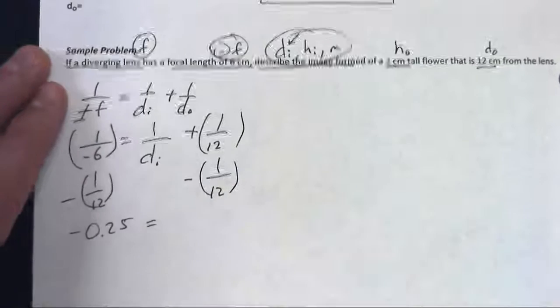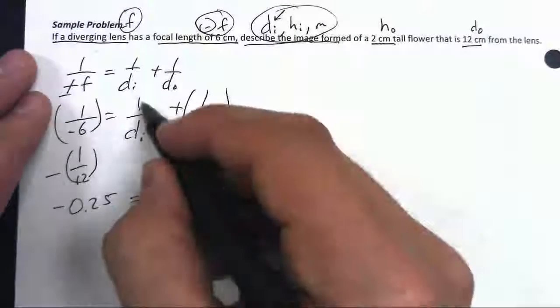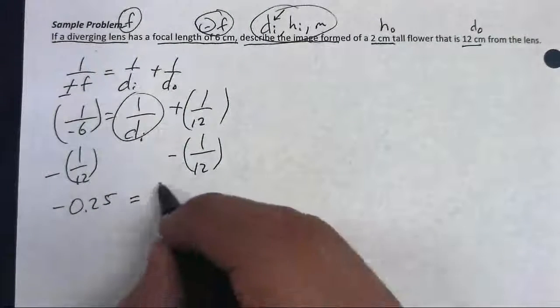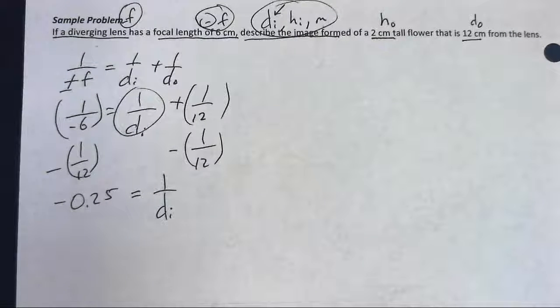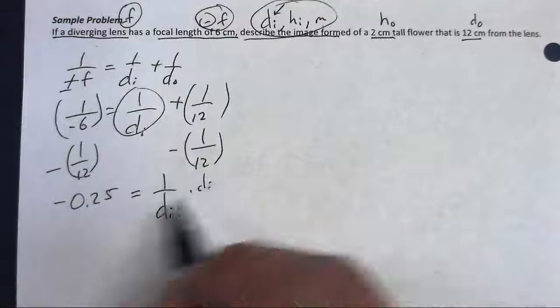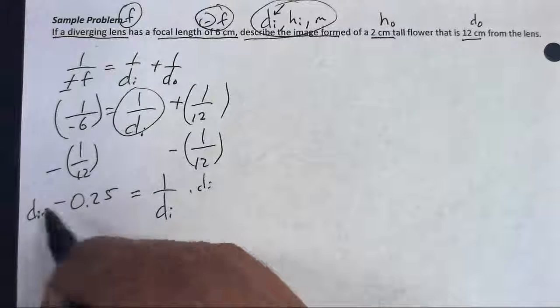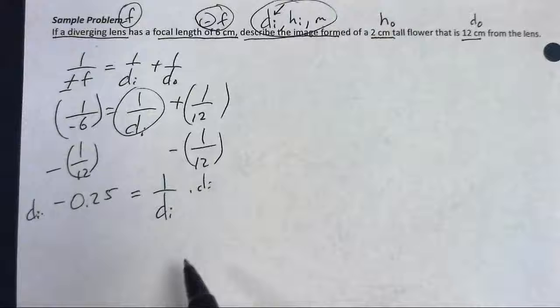Now realize that's not your answer at this point. That is 1 over your answer, 1 over DI. At this point, you could call it cross multiplication, you would end up multiplying by DI on both sides, whatever the case may be, and then you would divide by 0.25.